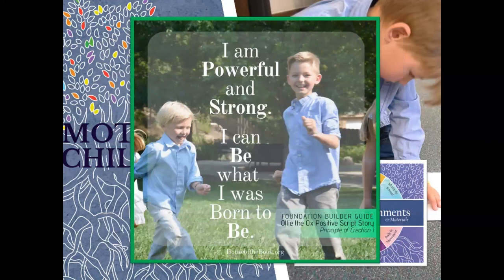The positive script is, I am powerful and strong. I can be what I was born to be. Now, this is a really key thing. When we were creating this story, we started out with, I can do what I was born to do. And I had this visionary experience where I had about 5 minutes to put my vision on paper, and what came to me was these oxen.